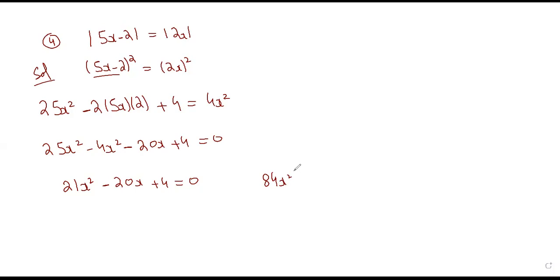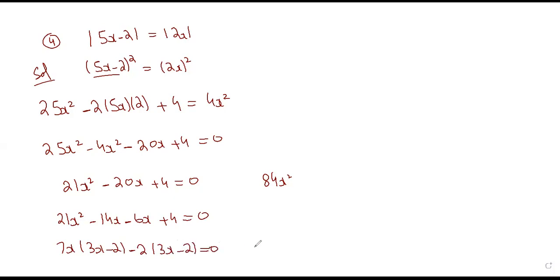All right, so the two factors are 14 and 6. 21x² − 14x − 6x + 4 = 0. I can take 7x common, it would give me 3x − 2. I can take −2 common, it would give me 3x − 2 = 0.